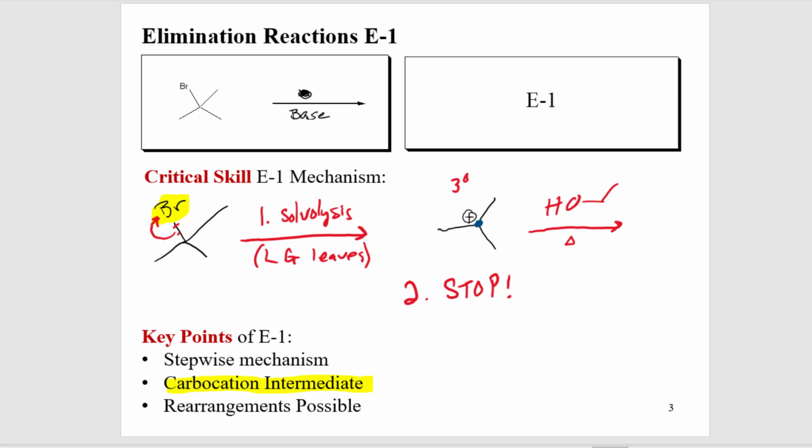So I have to involve one of the carbons next door, and there are 3 carbons next door. It just happens that all 3 of these are the same, so it doesn't really matter which one I use, right? Because they're all CH3s. I'm just going to pick one, and I'm going to use the solvent as the base.